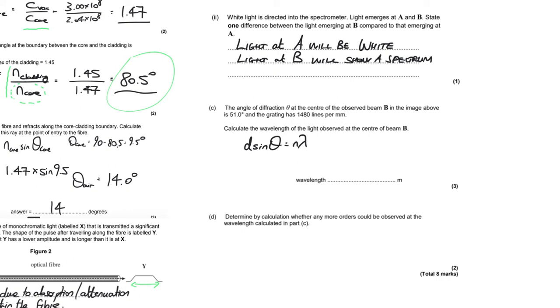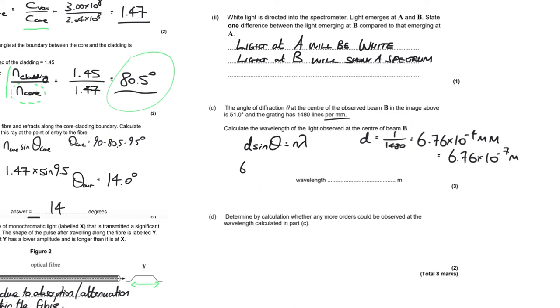So first of all, let's work out d in fact. So d is going to be 1 millimetre over 1480, which is 6.76 times 10 to the minus 4 metres. Actually, no, millimetres, remember, because it's per millimetre. So in fact, that means it's going to be 6.76 times 10 to the minus 7 metres.